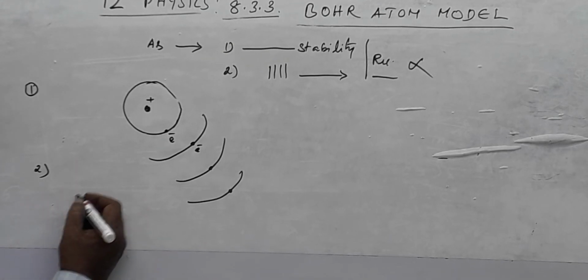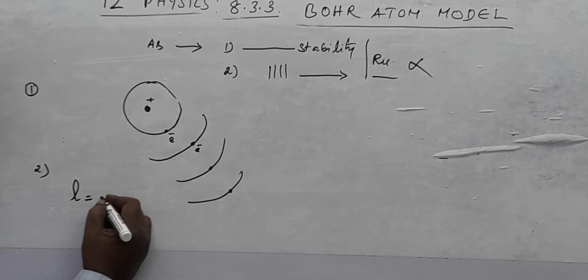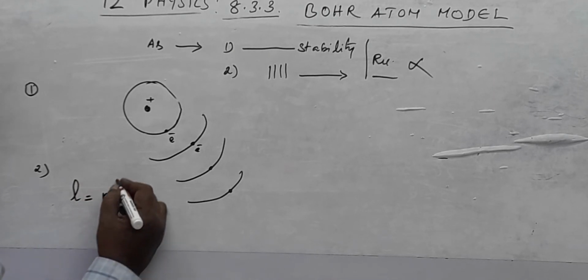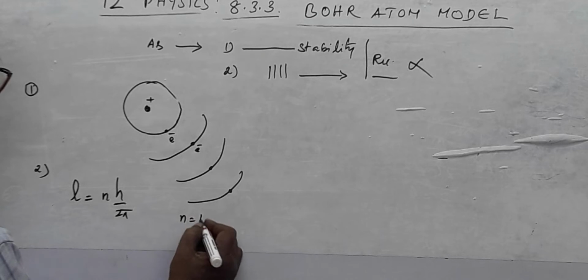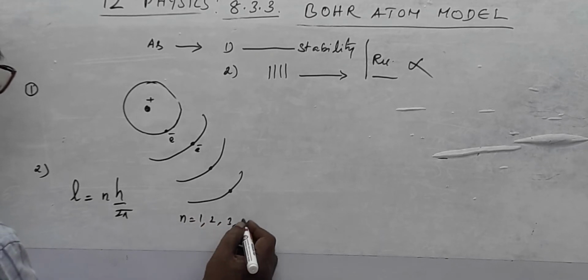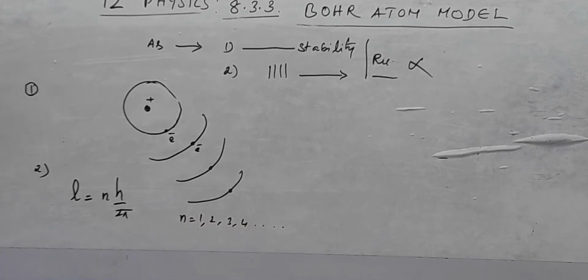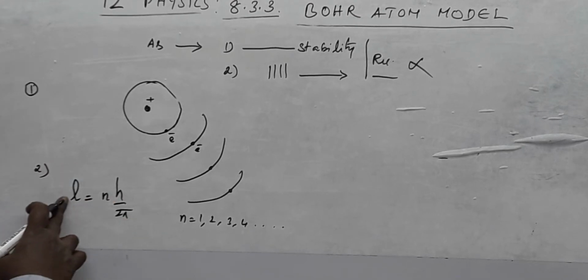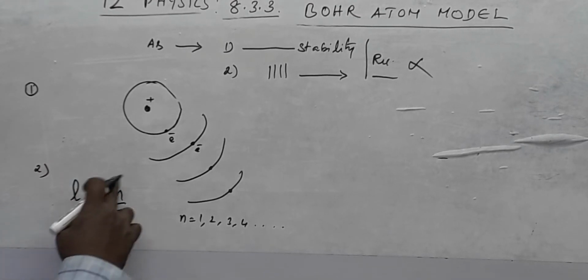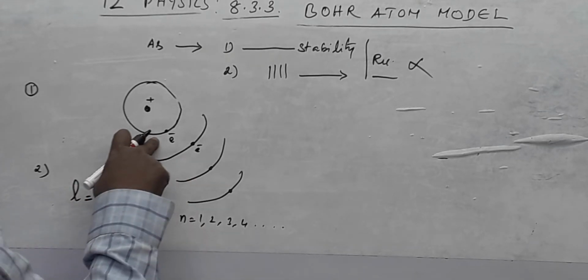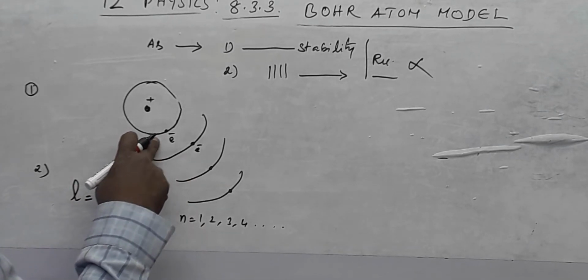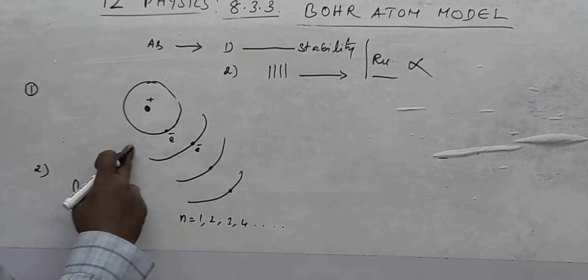What is meant by a non-radiating orbit? If the angular momentum of the electron is a multiple of h by 2 pi, that is nh by 2 pi, where n equals 1, 2, 3, 4, and so on, such a path is considered to be a stable path for an electron revolving around the nucleus.